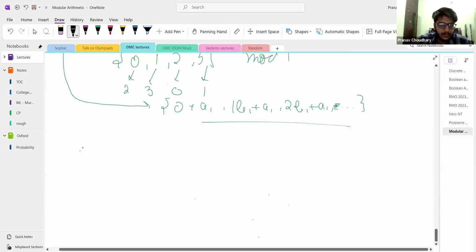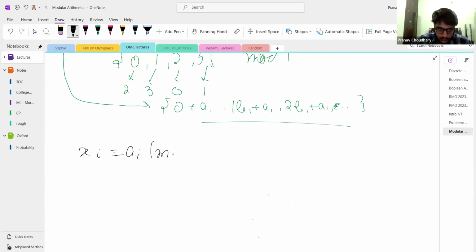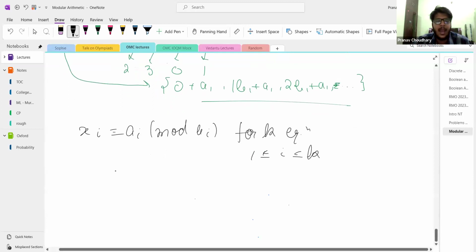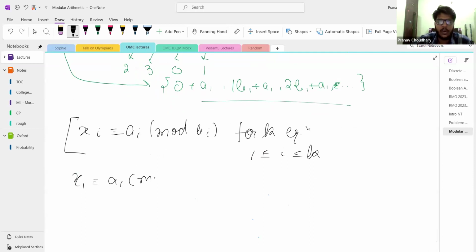If I have k equations of the form x congruent to ai mod bi, for 1 less than or equal to i less than or equal to k, I can always find a solution.